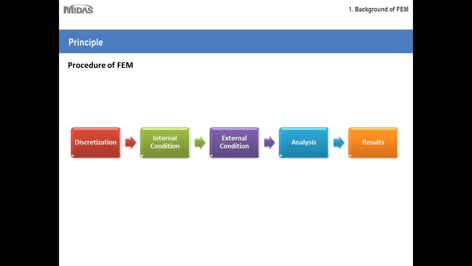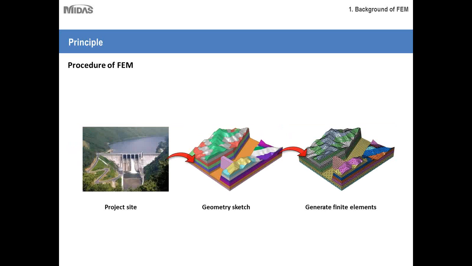First is the discretization, then defining internal conditions, then applying the external conditions, then performing the analysis, and then finally the result extraction. I'll go over each and every topic in detail in the following slides, starting with discretization.